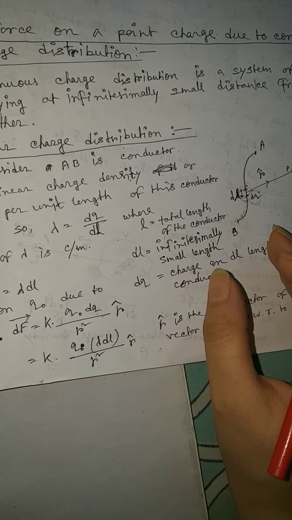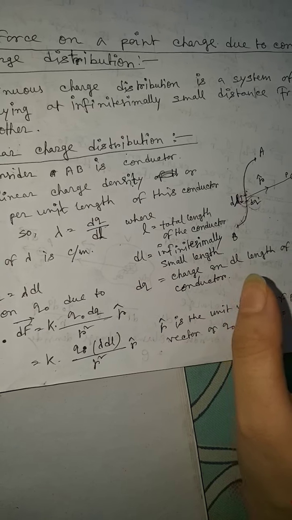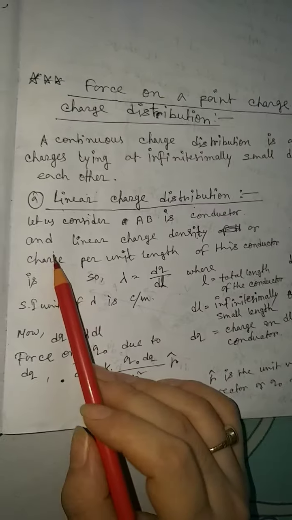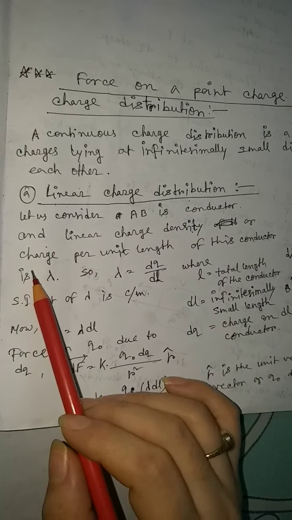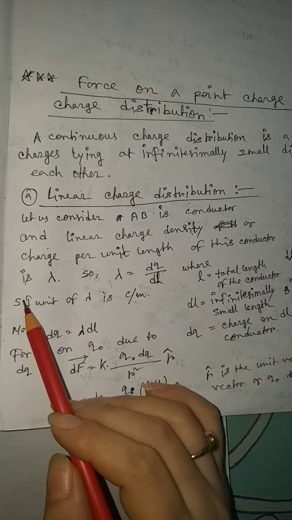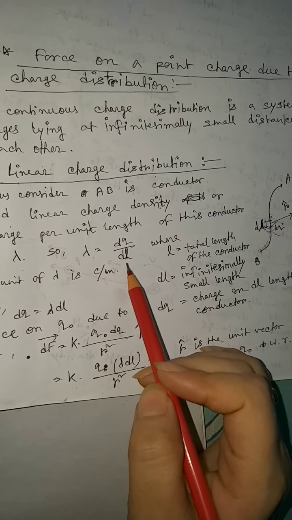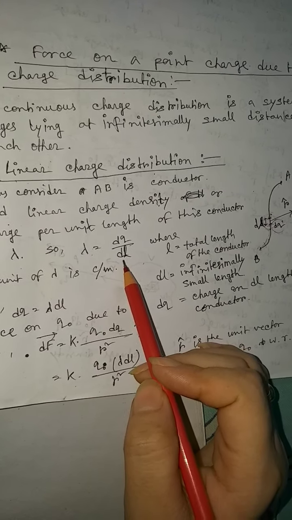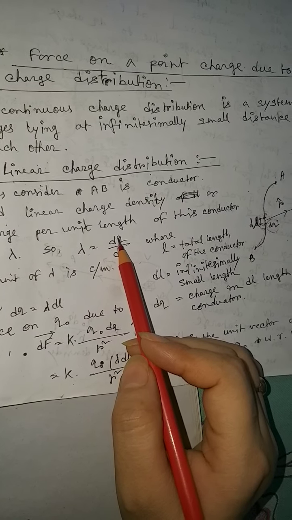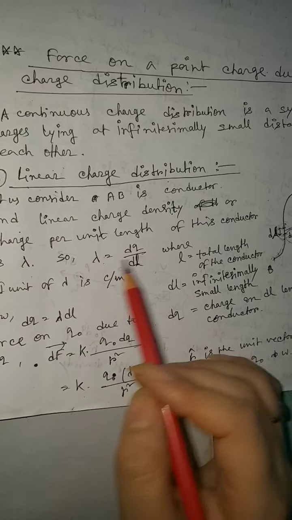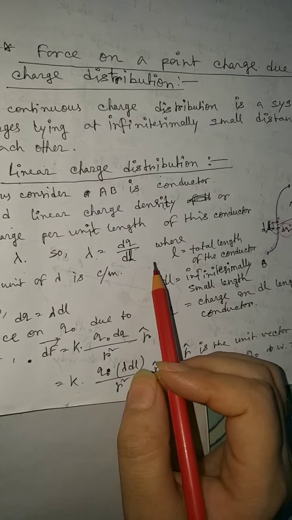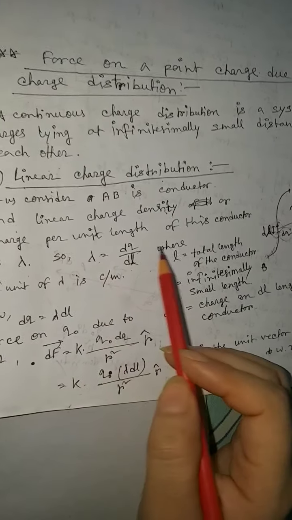That means lambda is the charge per unit length. Clear? So lambda equals dq by dl, right? Because dl length contains dq amount of charge, so unit length contains dq by dl amount of charge, and that is lambda.